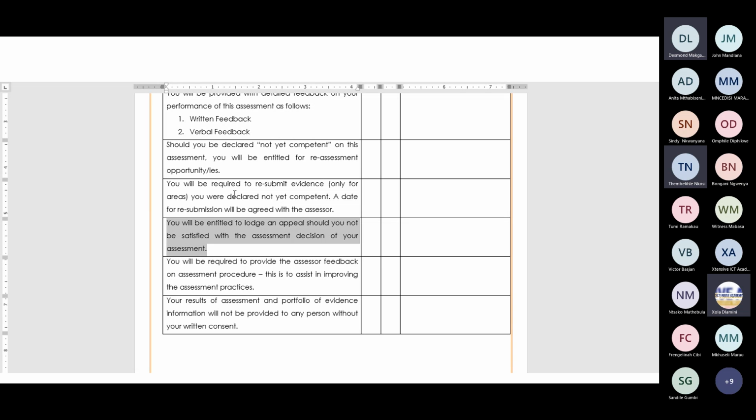You will be required to provide the assessor feedback on assessment procedure. This is to assist in improving the assessment practices. So sitter always wants to improve the assessment processes that we follow. Very importantly, we will consistently be asking you to tell us how that assessment process went.